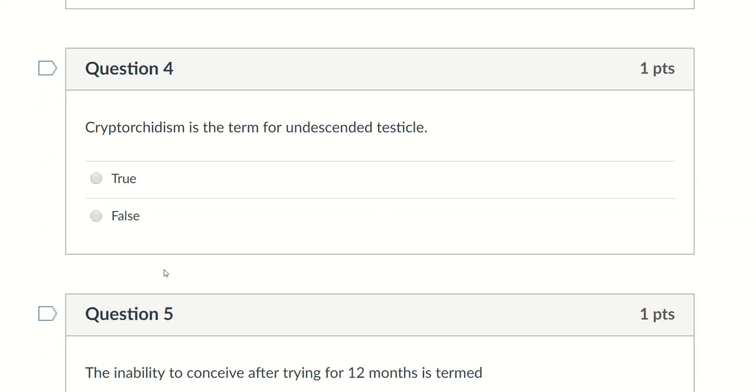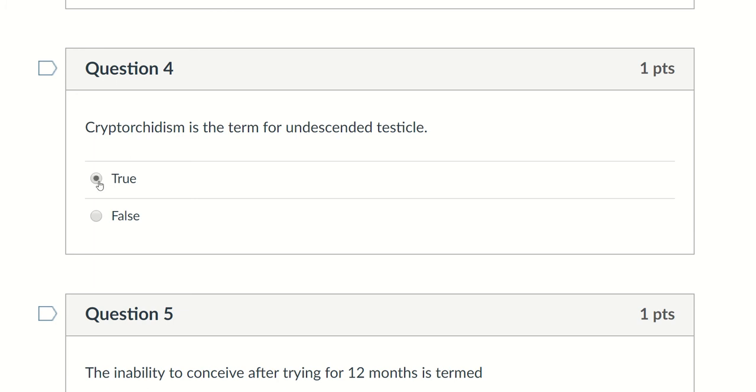All right, number 4. Cryptorchidism is a term for an undescended testicle. True or false?